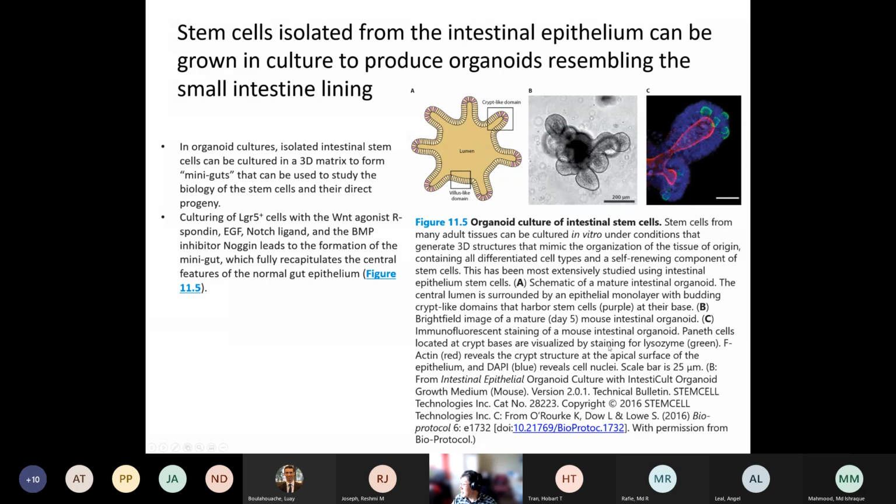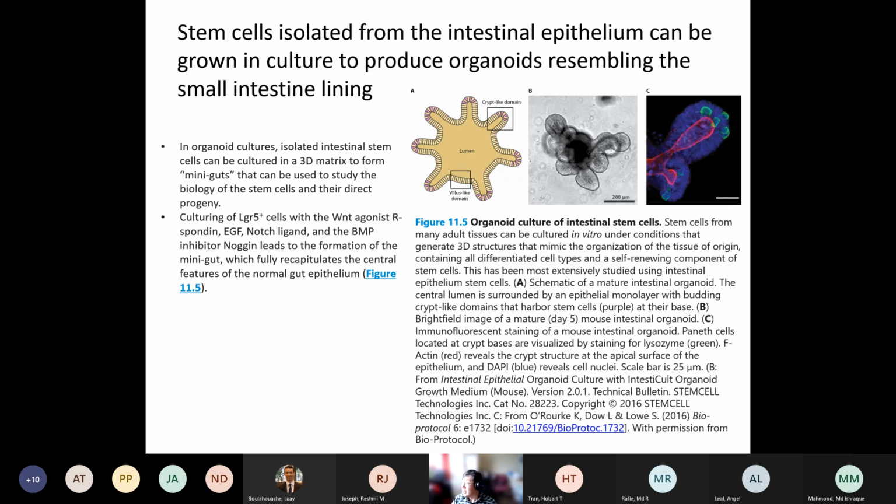Those green fluorescence labelings basically try to visualize the Paneth cell, because the Paneth cell will secrete lysozyme. So they will secrete lysozyme. If you have a substrate of lysozyme, you can make that part glow green. So the green fluorescence there demonstrates the presence of Paneth cells, while the red fluorescence is the antibody staining of F-actin.